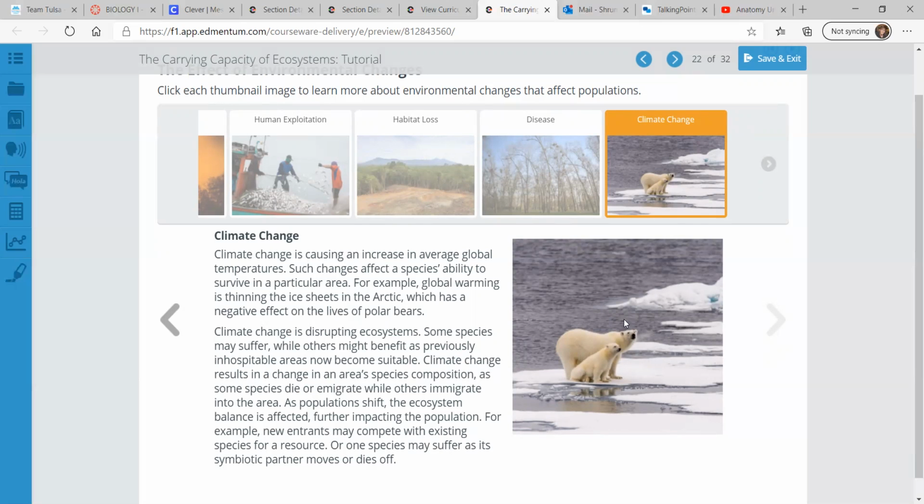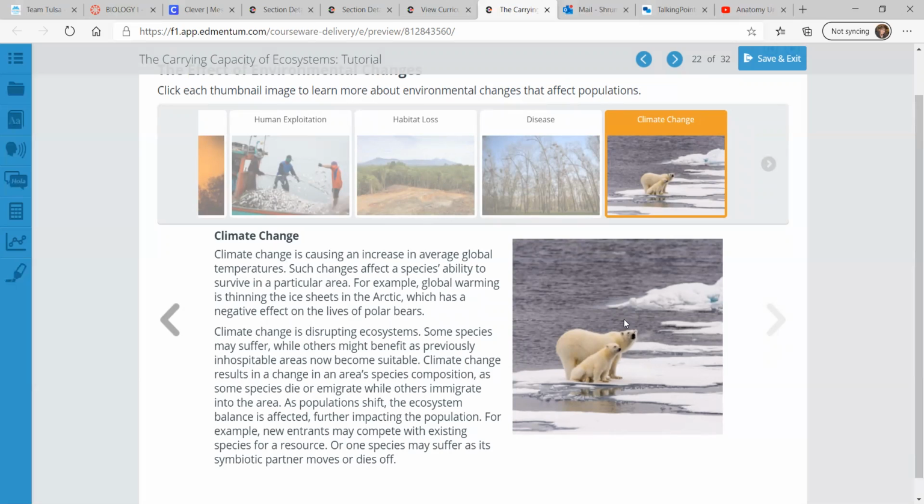Climate change is disrupting ecosystems. Some species may suffer while others might benefit as previously inhospitable areas now become suitable. Climate change results in a change in an area's species composition, as some species die or emigrate, which means they move out, while others immigrate into the area.